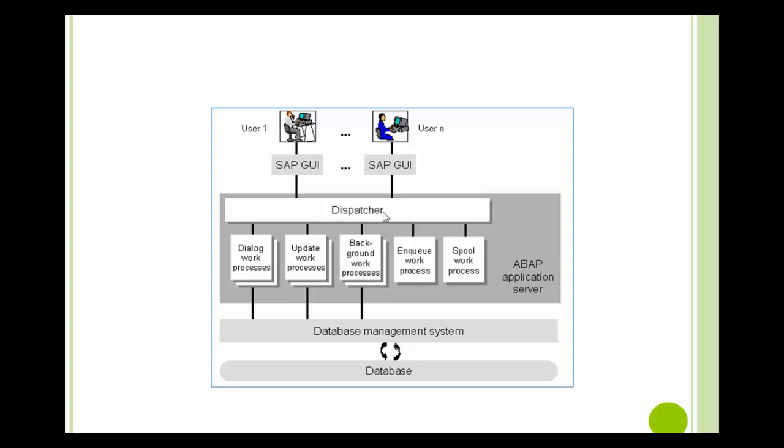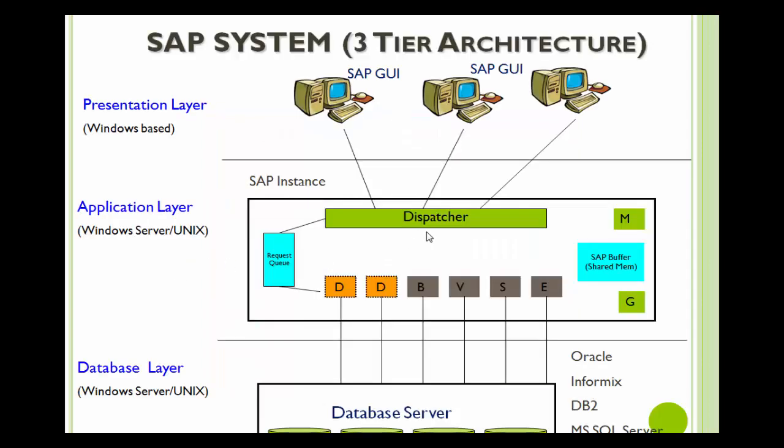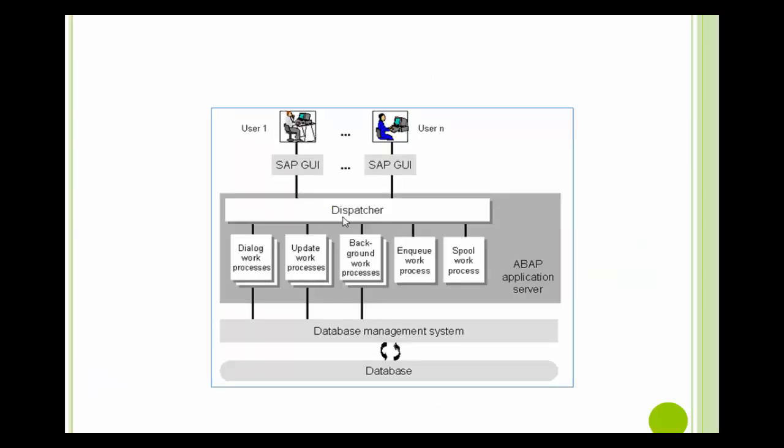The dispatcher looks at what kind of work you are doing. Based on that, the dispatcher sends it to a work process. First it goes to the request queue, then it checks which dialog process is available, and that is allocated to your PC.